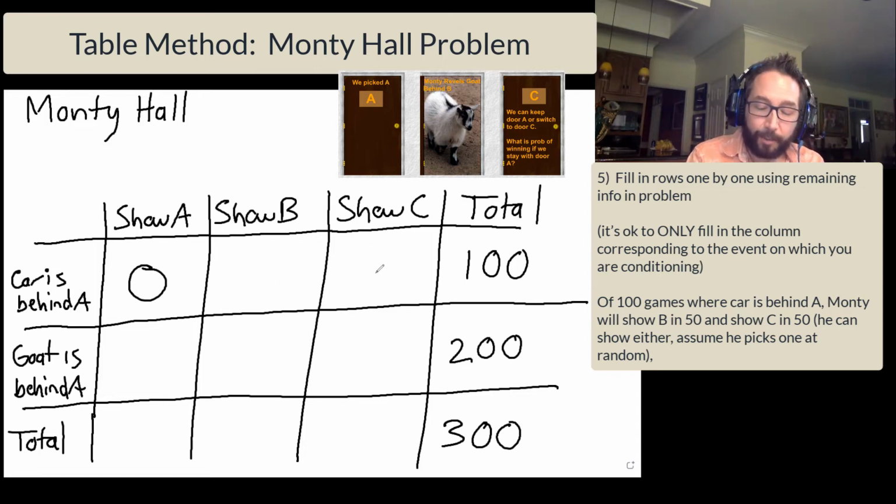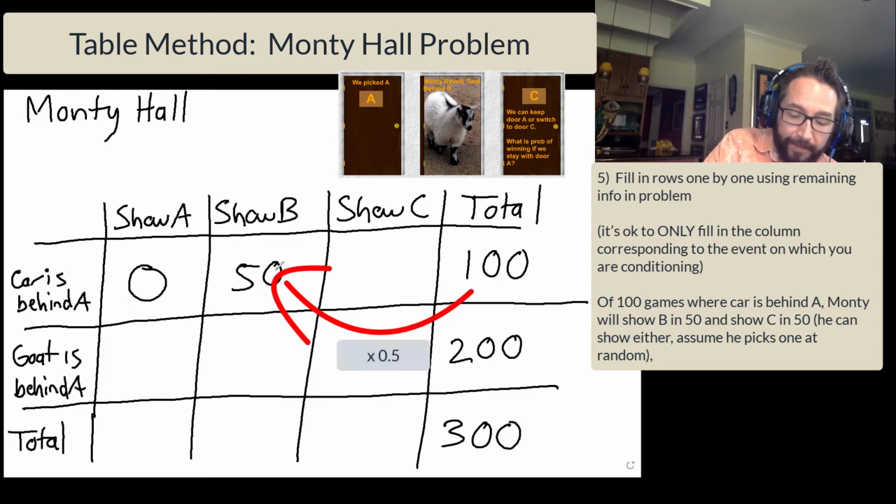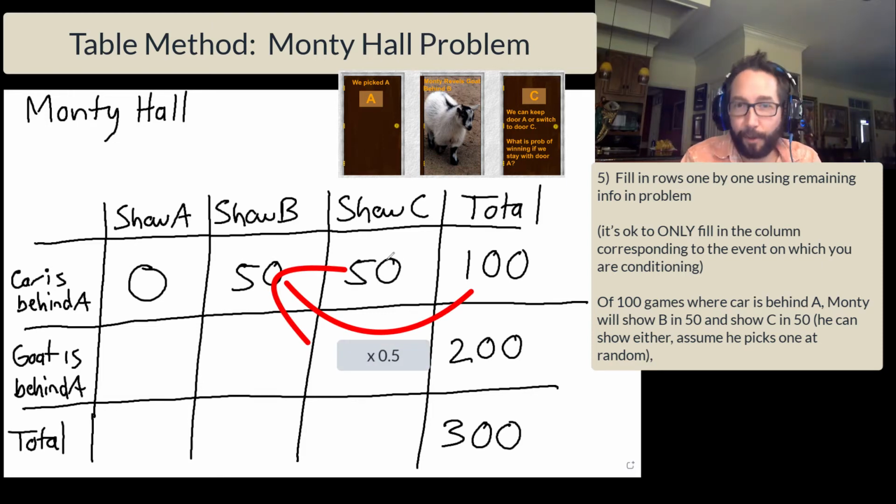How many of those games will he show us a goat behind door C? Well, in this case, if the car is behind door A, he has a choice. He can show us either what's behind door B or door C. Let's just imagine that he chooses randomly. It doesn't really matter either way. So 50 of those games he'll show the goat behind door B, and 50 of those games he'll open up door C to reveal the goat.